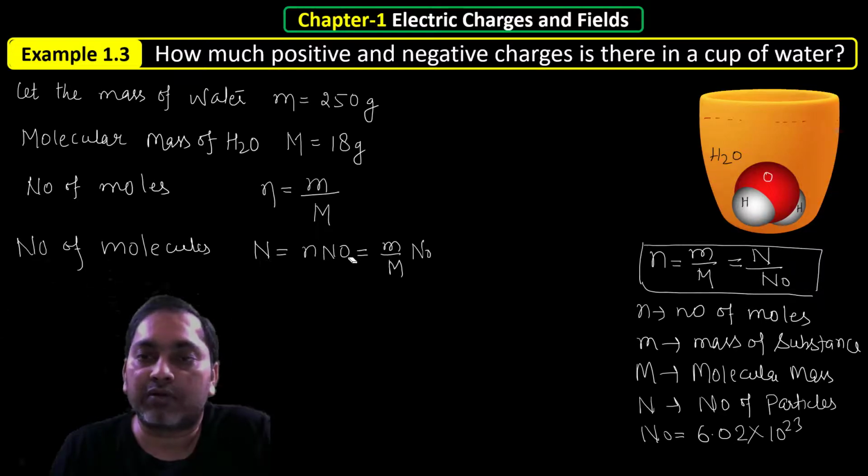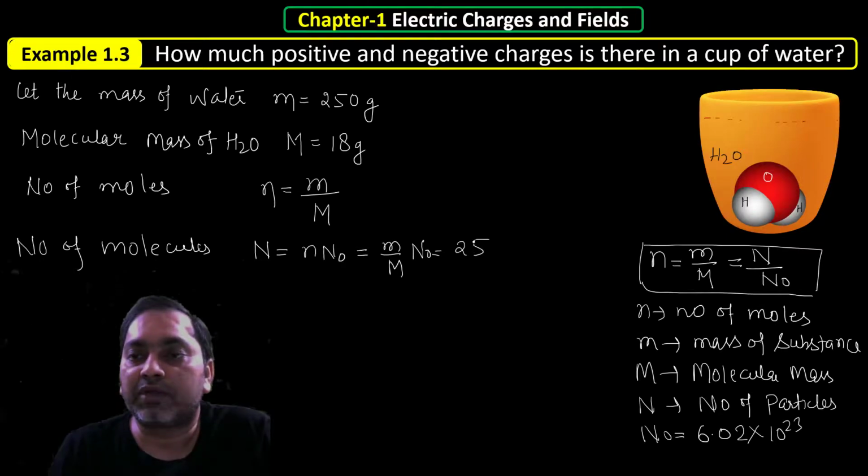So that is 250 divided by 18 into 6.02 into 10 raised to the power 23.